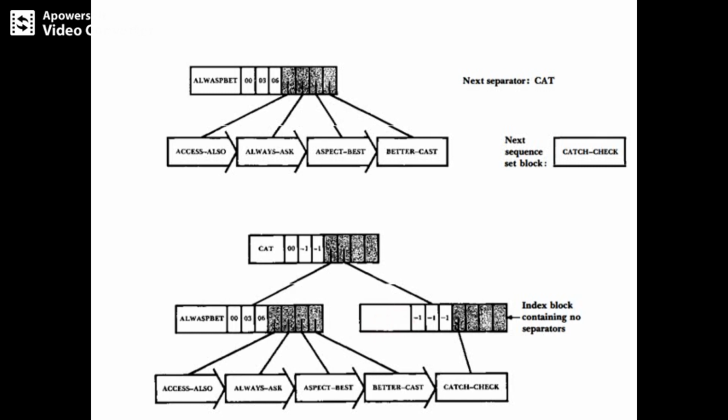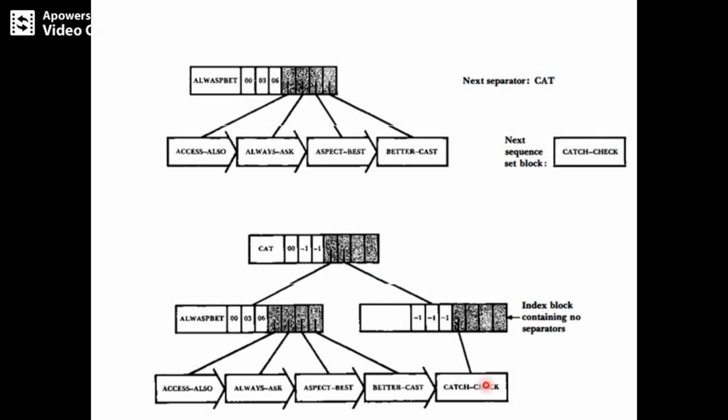Why? Because I need to have one single root. So if I write CAT over here, how can I write the root over here? We cannot write any root, right? If you have two nodes in one level, it should have one node as a root node.